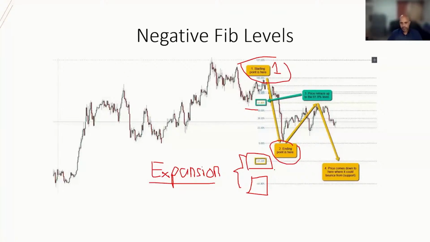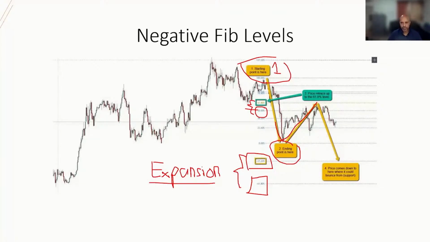For the negative levels to function as significant support levels, we actually need to see price retrace up to at least 50 to 61.8%. Do take note, price must retrace after forming this significant swing low here.